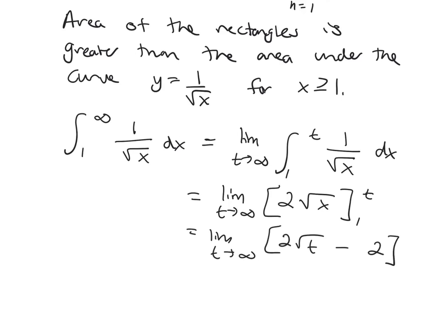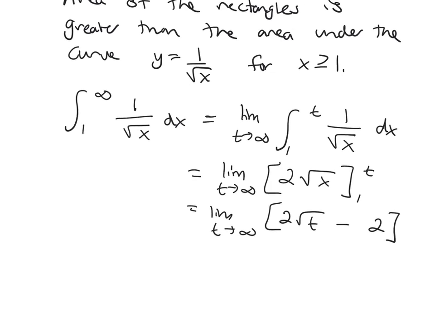What happens as t goes to infinity? What's that limit going to be? Infinity. Okay? So what we just said is the lower bound for the area of my rectangles goes to infinity. Well then, that area of my rectangles can't converge.